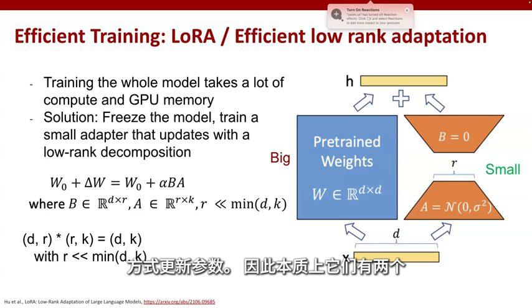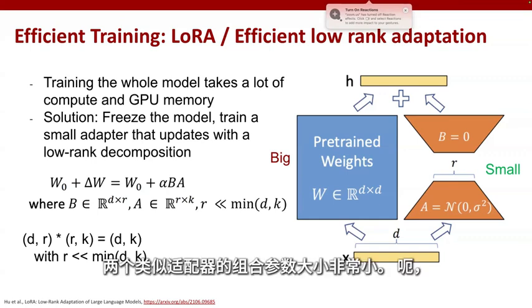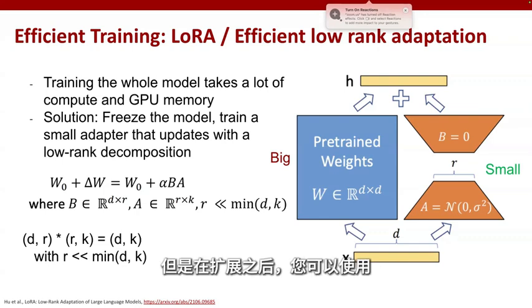Essentially they have two matrices, which compress the embedding to a smaller size and then expand it back to the original size. So the combined parameter size of these two adapters is pretty small. But after you expand that, you can tune the whole model with this smaller set of parameters. So if you don't have a lot of GPU memory, LoRA tuning is usually still the best choice you can make, given you want to train a large language model.